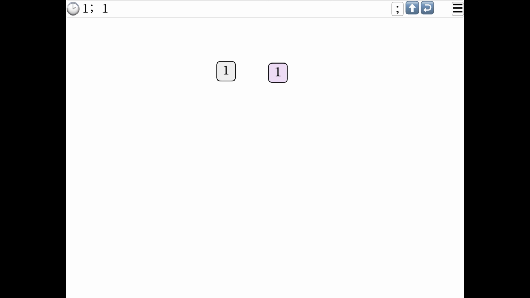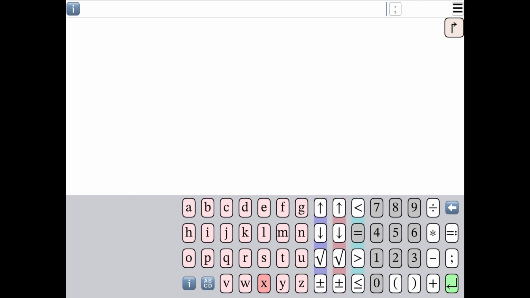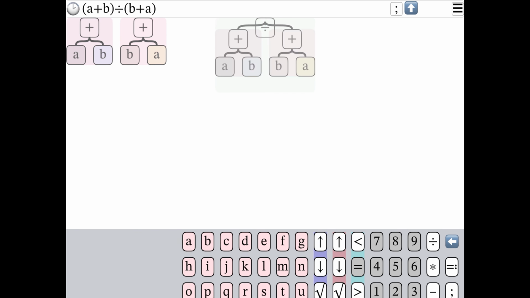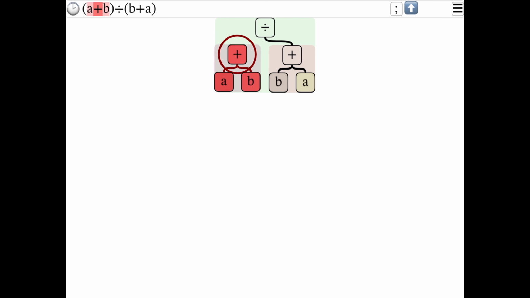Just as with subtraction, this works for more complicated operands too. But remember to be careful about the possibility of dividing by 0 when you do this.